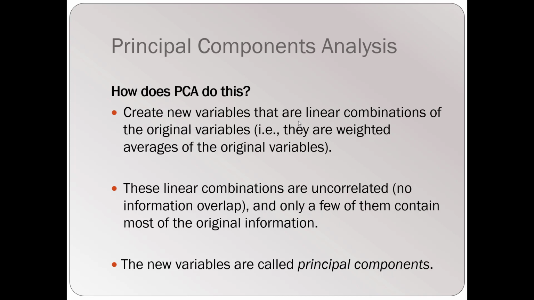So we have b sub 1 x sub 1 plus b sub 2 x sub 2, b sub 3 x sub 3, and so on. Add them all up, then you get one value for one principal component. Then you have a different set of coefficients, and use those different b sub 1, b sub 2, b sub 3 and find the linear combination.